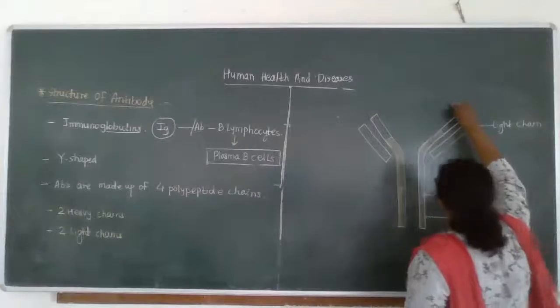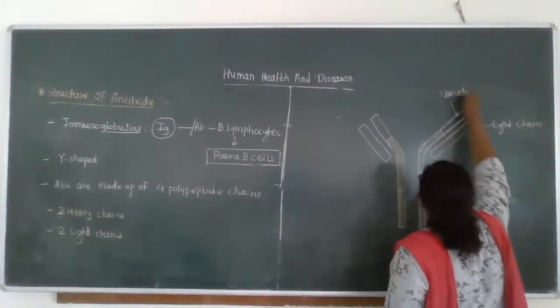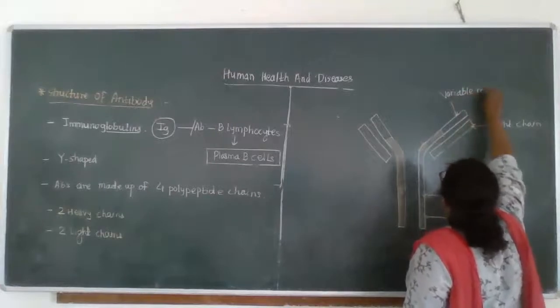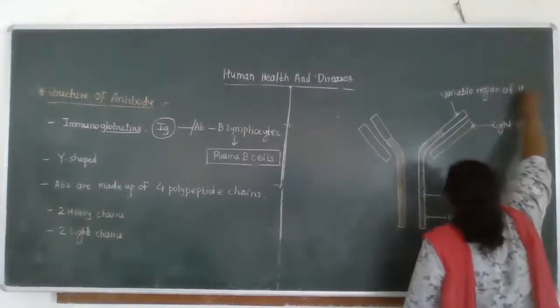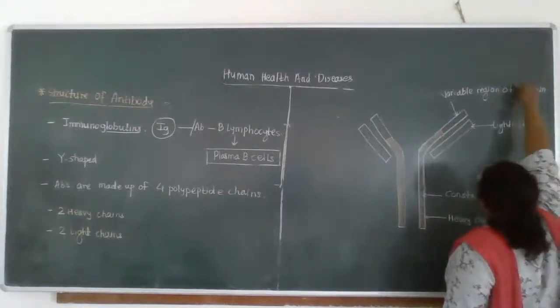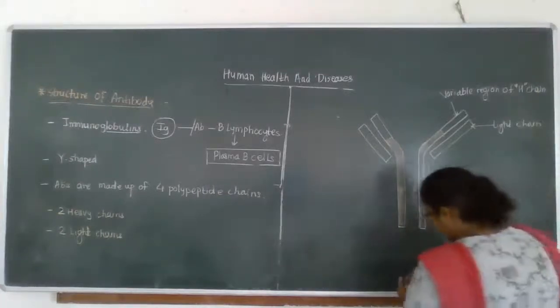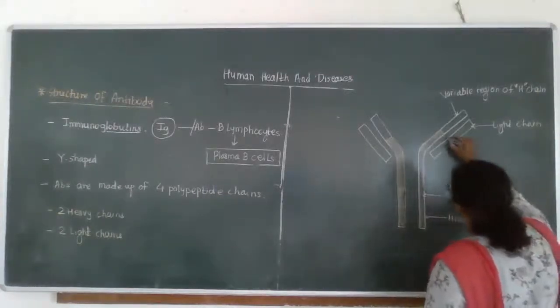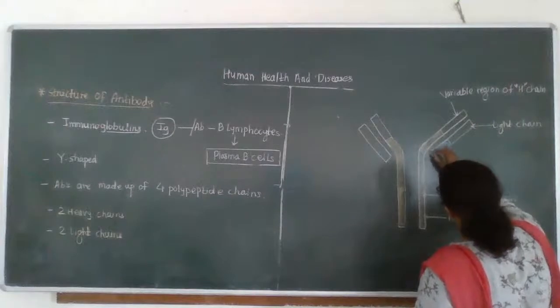And this unshaded part is called the variable region of a heavy chain. H for heavy chain. Then the light chain also has a constant region. So this is the shaded region of the light chain.